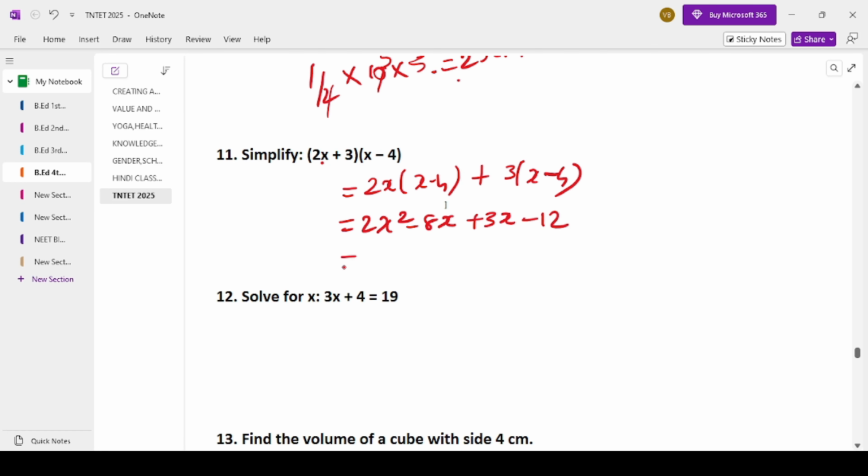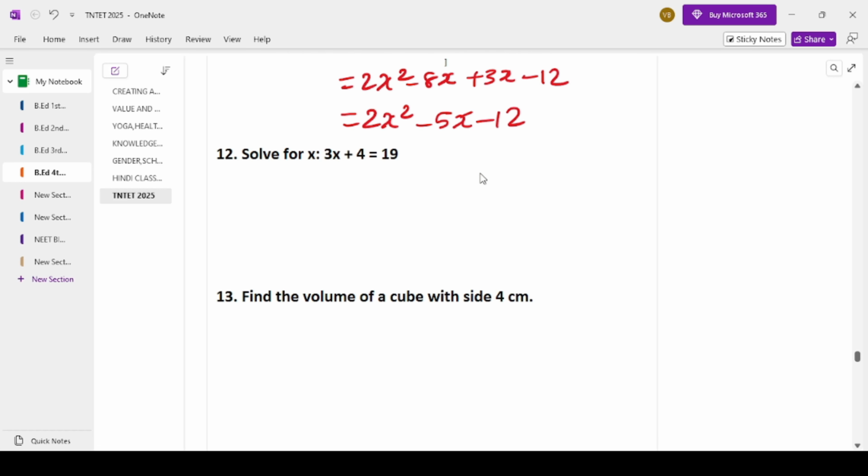So from that you will be getting 2x squared minus 5x and minus 12. So this will be the answer using the distributive property.